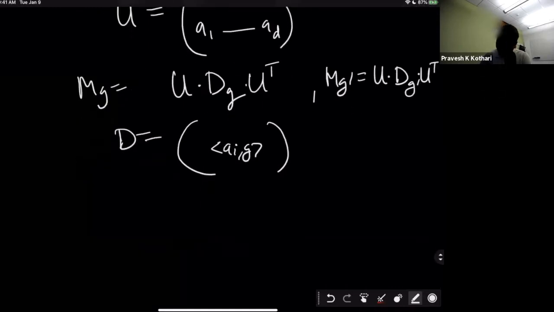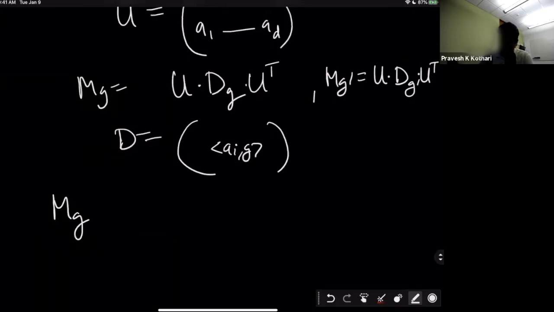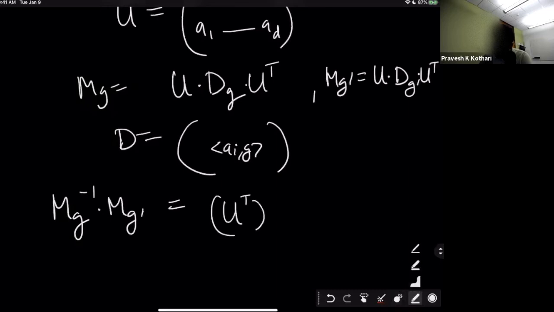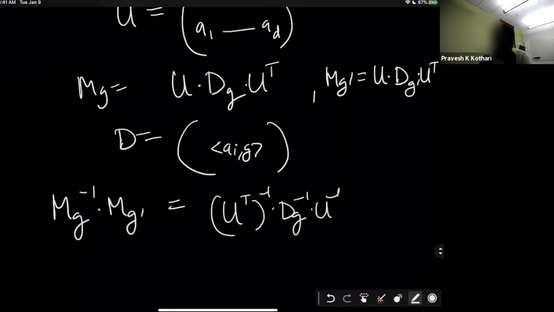And in particular, because the vectors are linearly independent, M sub G is actually full rank. I can take its inverse. So if I compute the matrix M_G inverse times M_G', then by linear algebra I get U transpose inverse D_G inverse U inverse U D_G' U transposed.